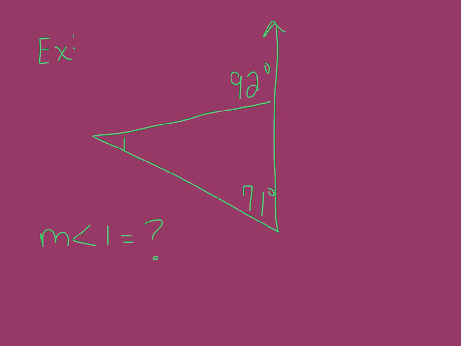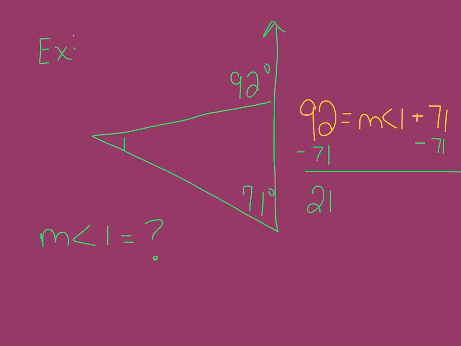Of course, we're going to subtract. Because that 92, that exterior angle, is equal to the measure of angle 1 plus that 71 degrees. So we're subtracting 71 from both sides, and we'll get 21. That's the measure of angle 1, which is 21 degrees.